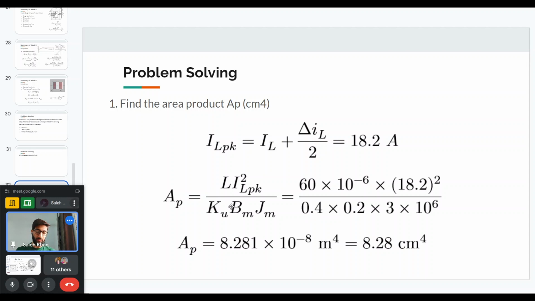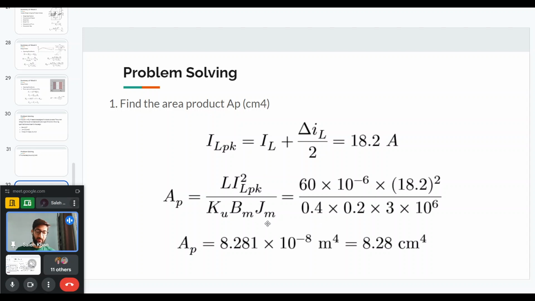Bm is in Tesla, the SI unit. If it is given in millitesla or some other CGS value, you first convert it into Tesla. You can find the conversion factor online, but ultimately you should get it in Tesla.